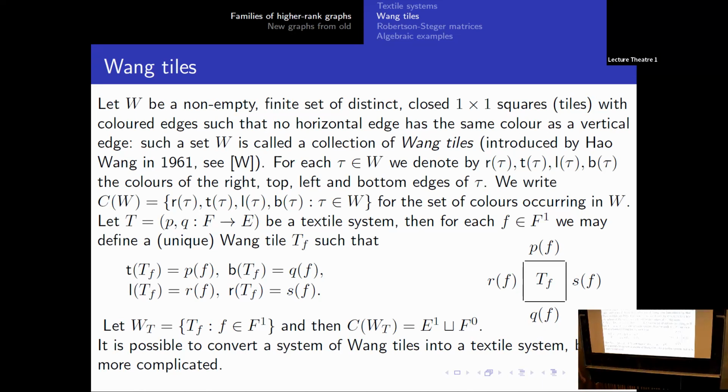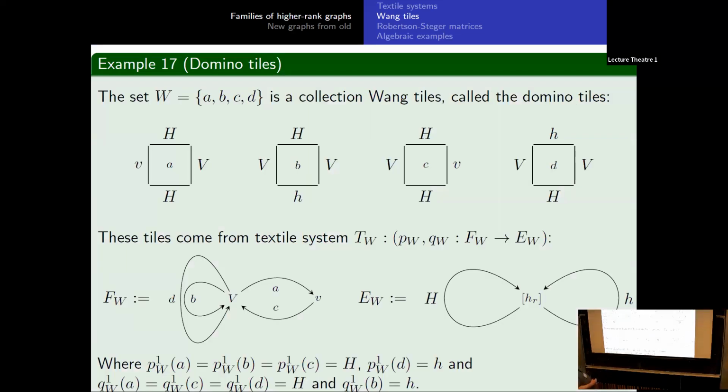And what's interesting is that you can work backwards. If somebody came up to you with a set of Wang tiles, you can check whether it's a textile system. It'll always give you a textile system. And there's a construction for that. Here's an example. Here's a collection of Wang tiles called domino tiles. So what do you do?